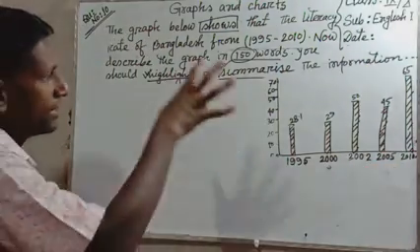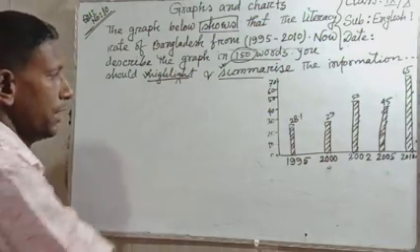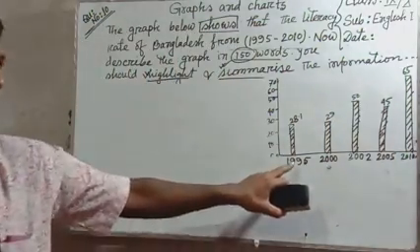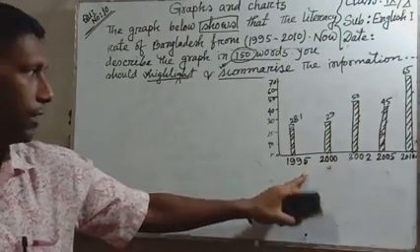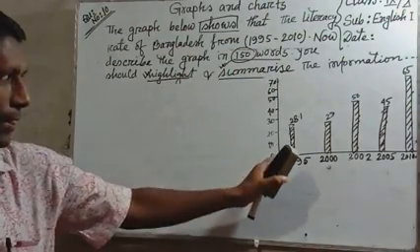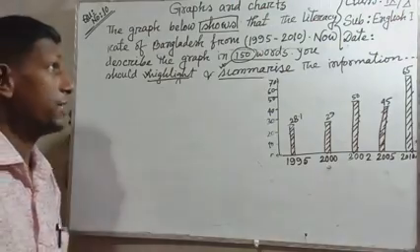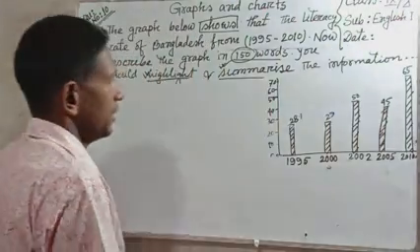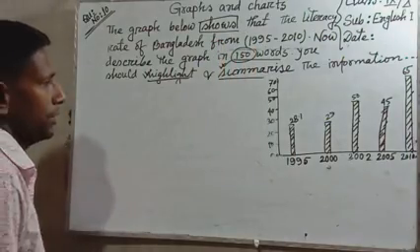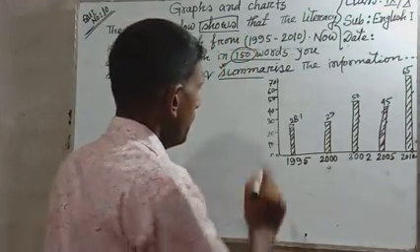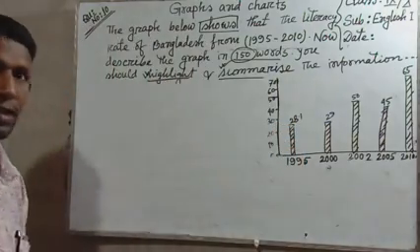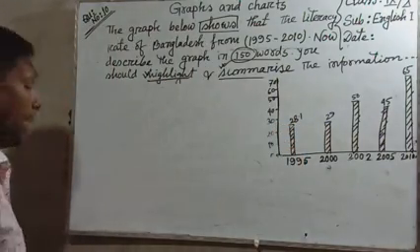So in this graph, the horizontal line, we can see the year, and the vertical line, the rate of literacy. Clear? So that is the rate in the vertical line. That is the sentence.